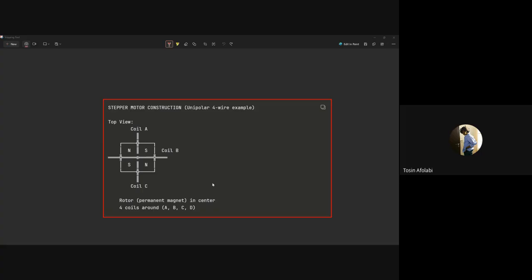So now, one question you might be asking, okay, why do you actually need a driver for a stepper motor? First things first, a stepper motor has between 4 to 6 wires, depending on the kind of stepper motor you are getting, and you need to switch currents through those different combinations very rapidly, like A to B, B, C to D, D to A, all those kind of things.